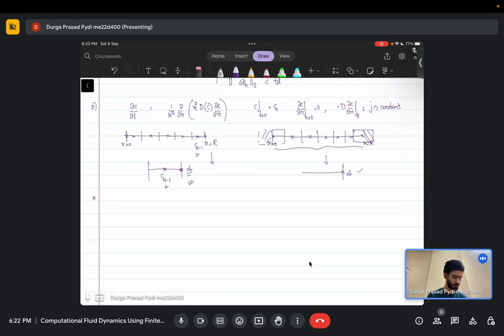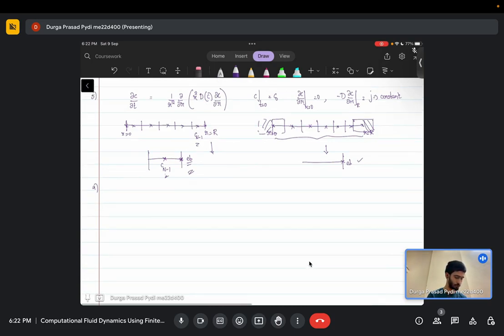The first question asks you to essentially discretize the cell, so we will do that, assuming it is a steady process. The integral of the diffusion term times dV, which is essentially 4 pi r square dr, equals 0.